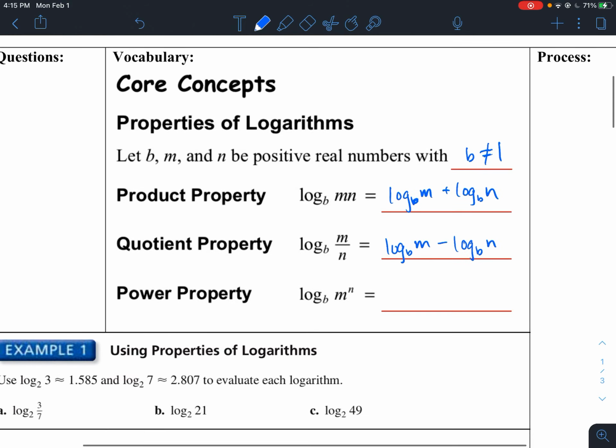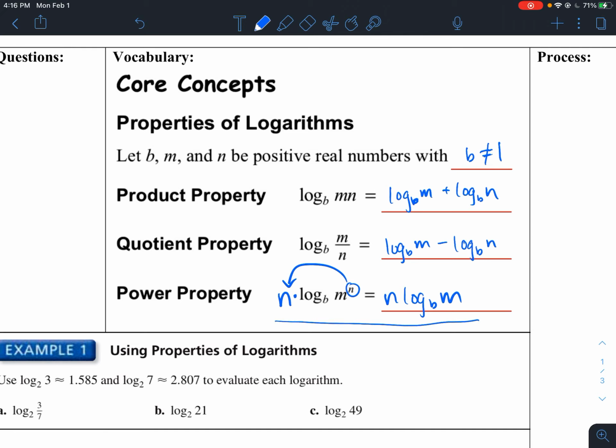The power property says if you have log base b of m and m is being raised to the nth power, this is equivalent to n times log base b of m. So in other words, if your argument right here is being raised to a power n, you can bring that out here and multiply it by your logarithm, and these are still going to be equal statements. Okay?